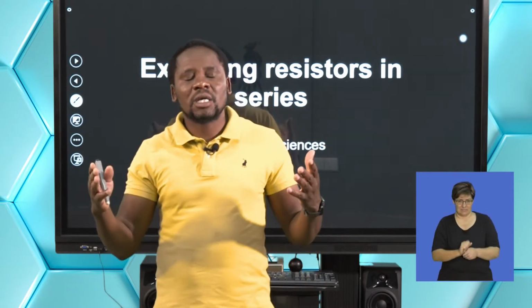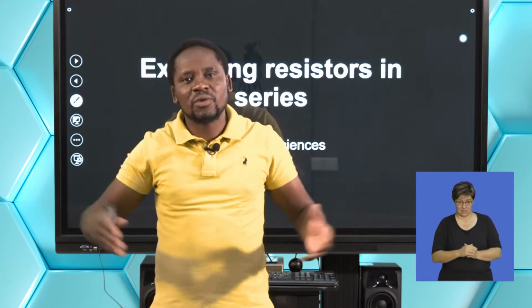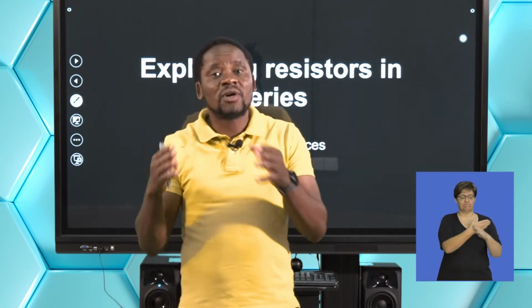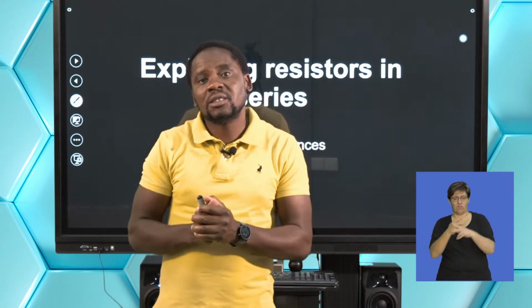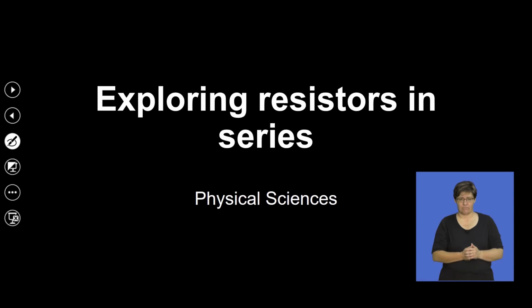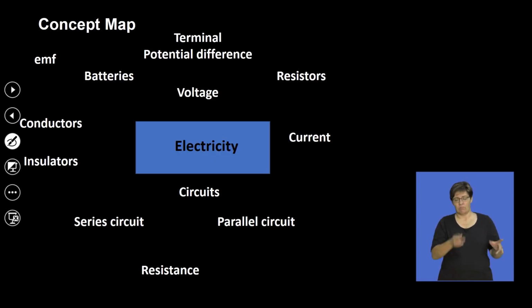Now let's look at the broader overview and try to locate the series resistors in as far as the broader electricity section is concerned. Okay, so without any waste of time, we're already familiar with potential difference, which is the voltage, which has to do with work done per coulomb of charge.